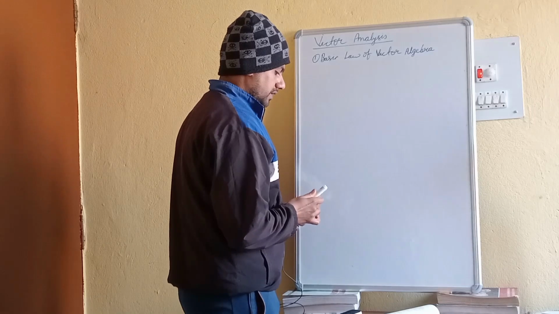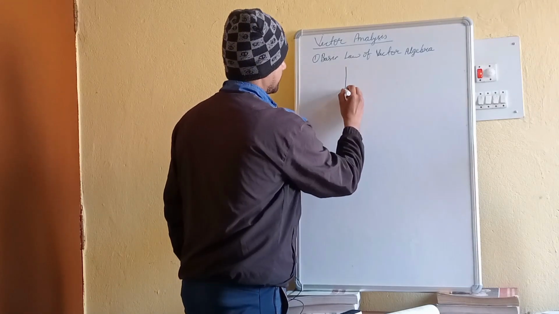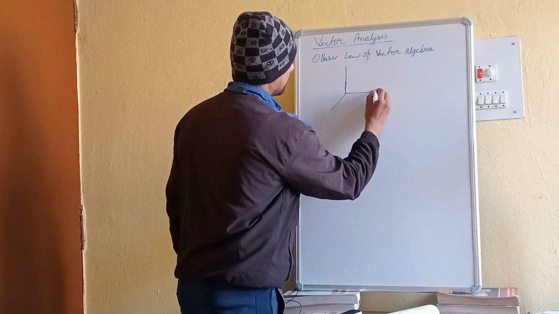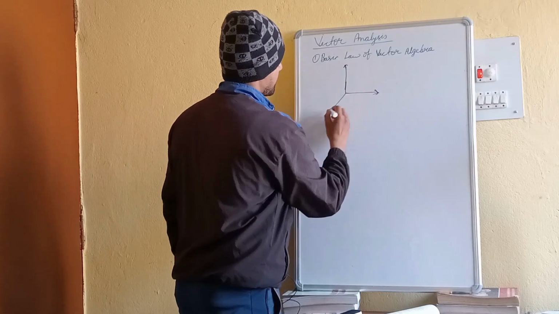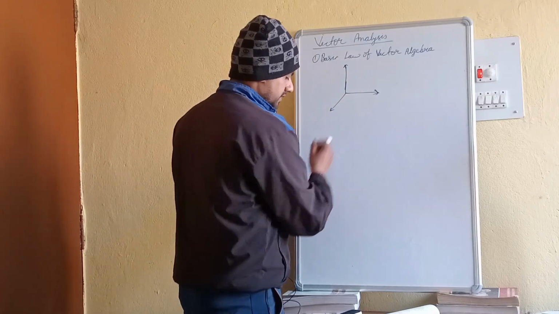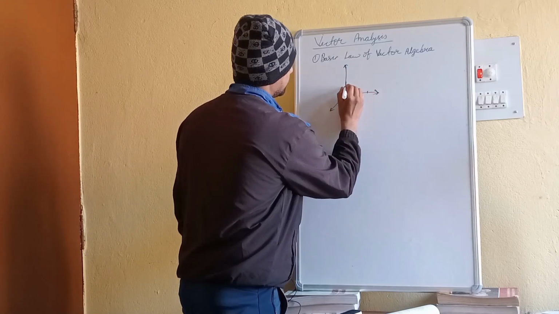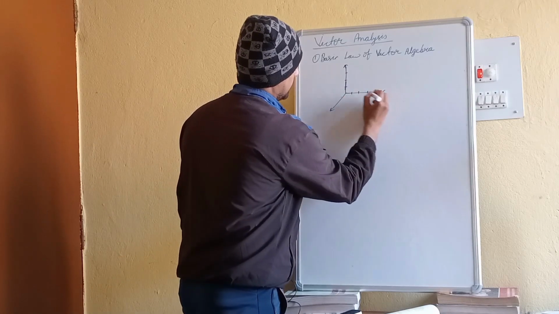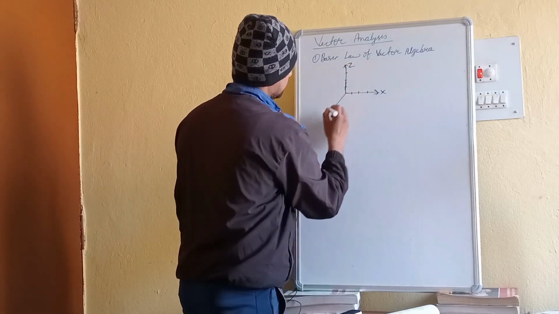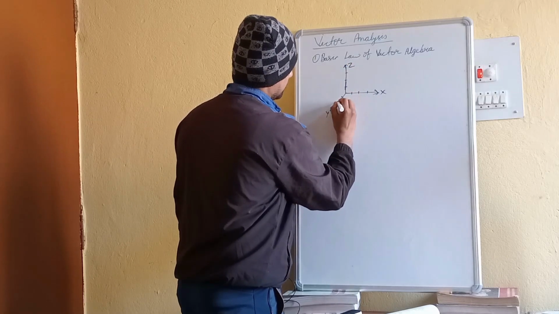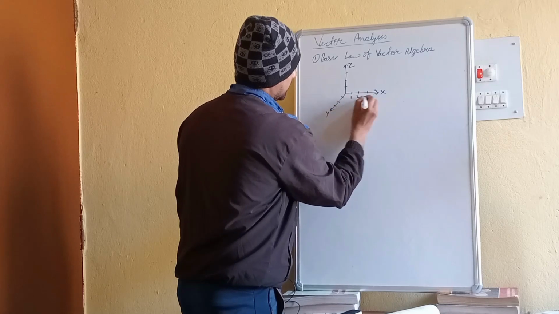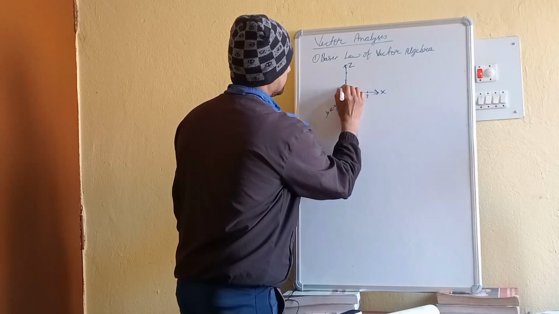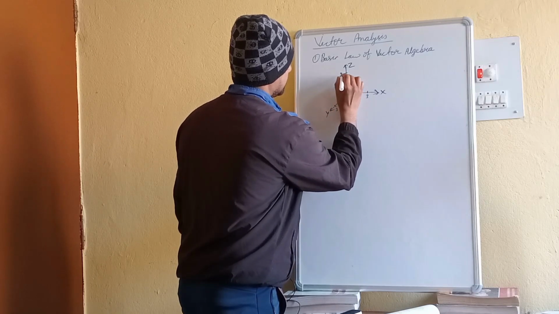So now here we have the coordinate system. Here 1, 2, 3; 1, 2, 3. I am representing the axes using numbers.